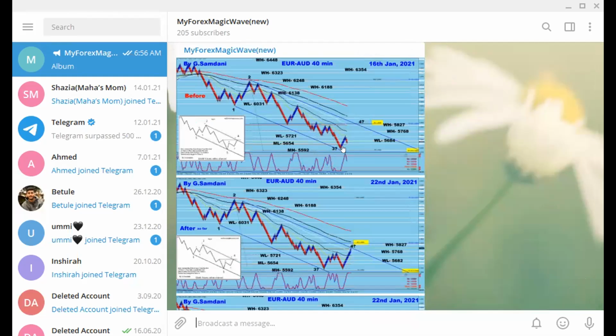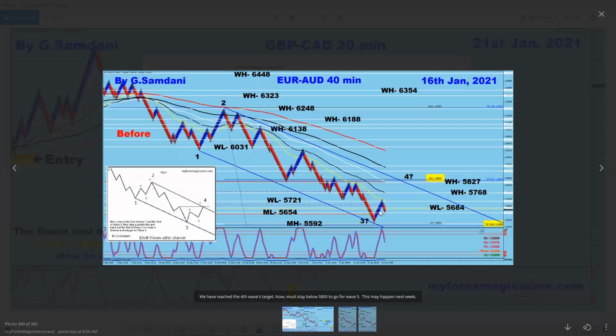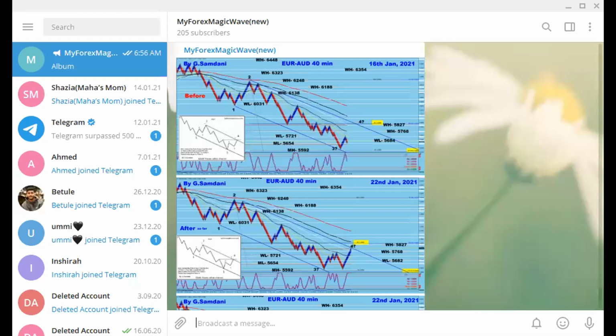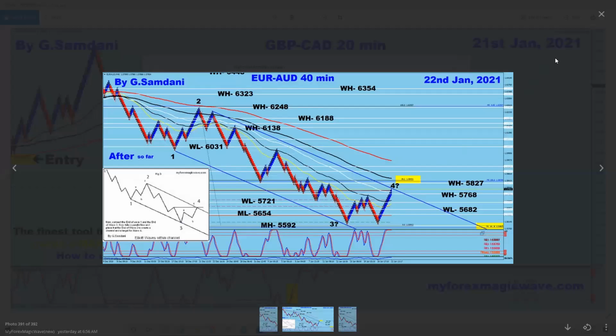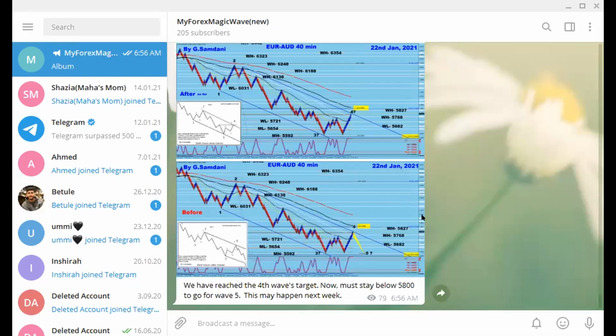And then see, this is the chart that I made on 16th January. Let me show you, if you can see, this is supposed to go there, and it went up nicely there, right? And then it's supposed to come down, and it already started. So this is it for now.